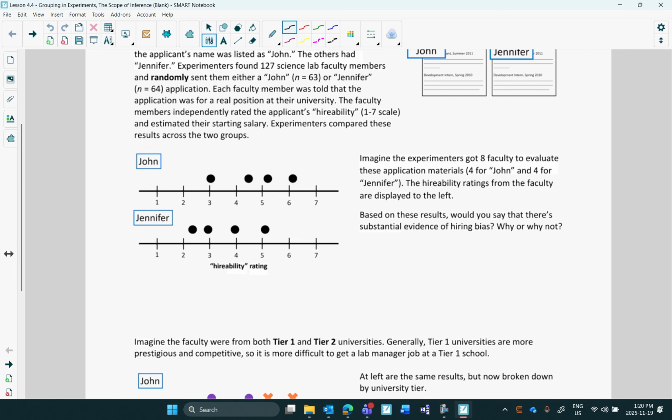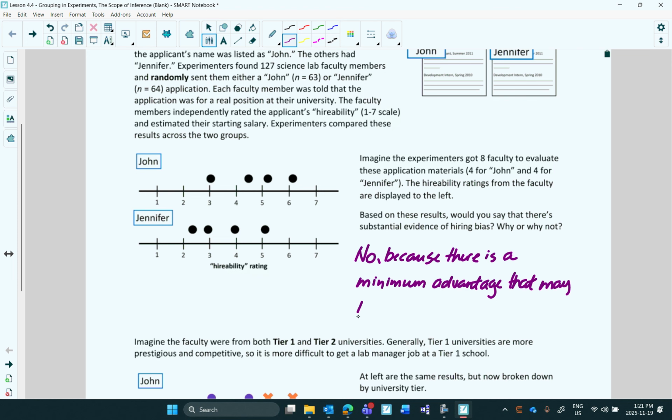So that would be the best answer for this one: no, because there is a minimal advantage for John that may have been caused by chance in the random assignment.